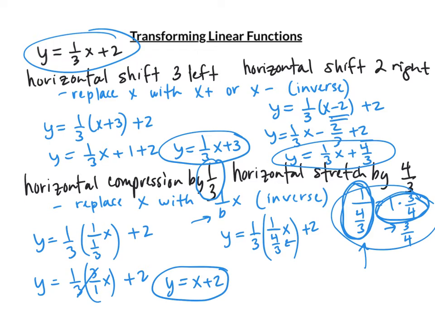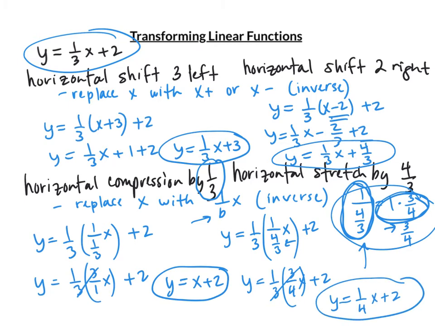So in here, because I did 4/3, the 3 ends up being up top, and it's y equals 1/3 times 3/4 x plus 2. Again, it's the inverse. That's why 4/3 became 3/4. And then the 3's cancel, and I get y equals 1/4 x plus 2. Takes some getting used to.